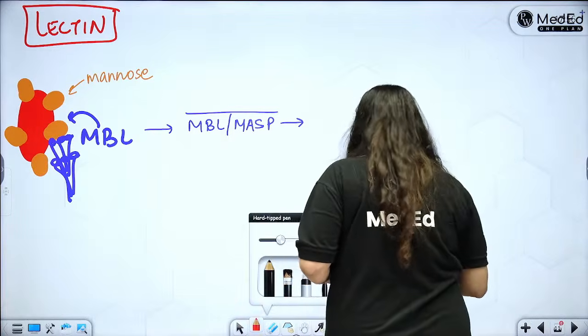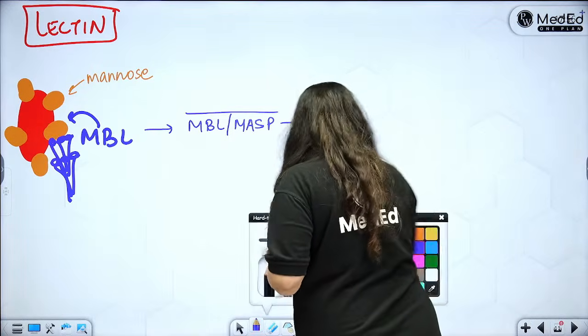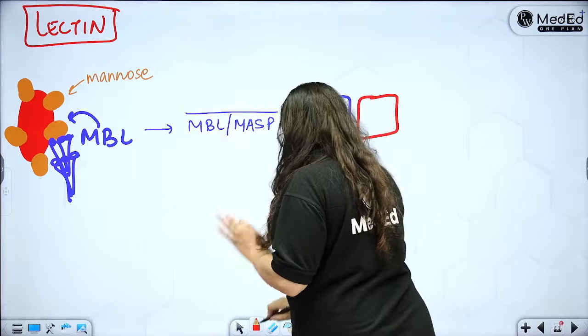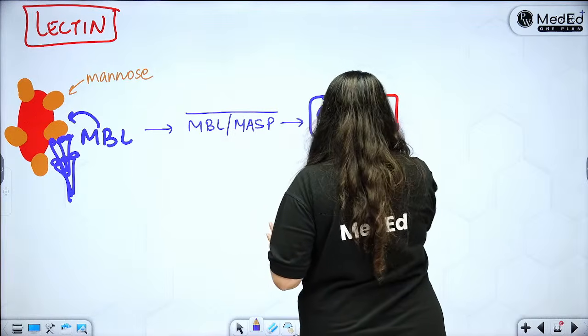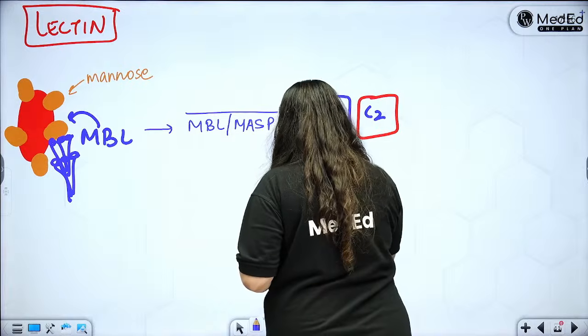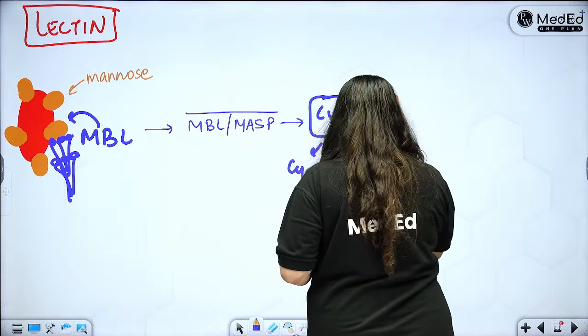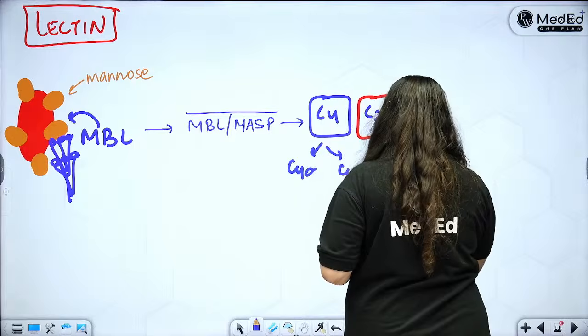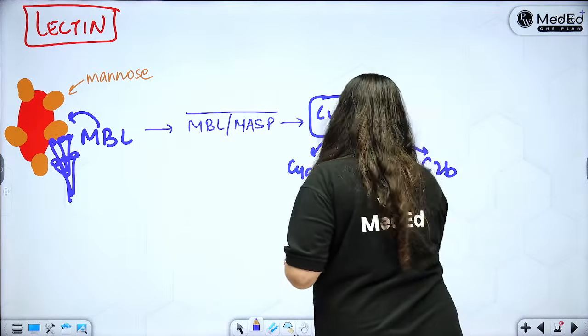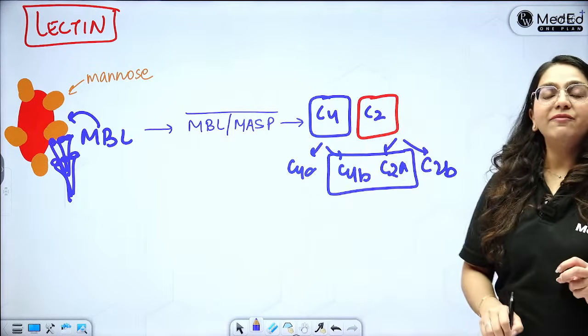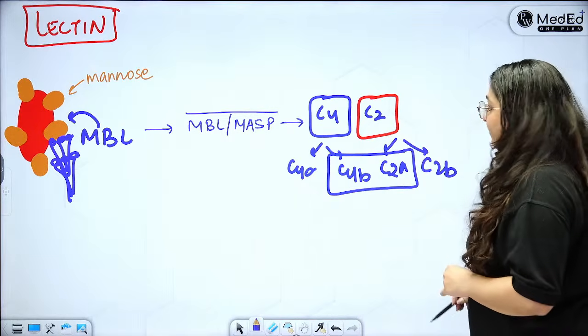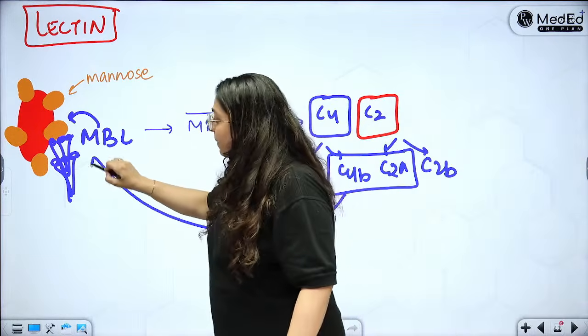This will again kick your C4 and your C2. Again, the same thing will happen. C4 will break into C4a and C4b. C2 will break into C2a and C2b, where C4b and C2a will combine. So, they will go and bind over here.